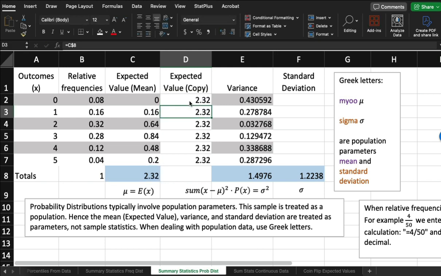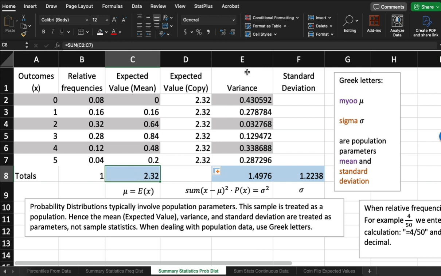And again, we're just going to fill that down as well. Just copy that down as many times as we need to in order to calculate the variance, which we're about to do. So that should be the same number. Everything you see here should match the number that you see down here in C8.